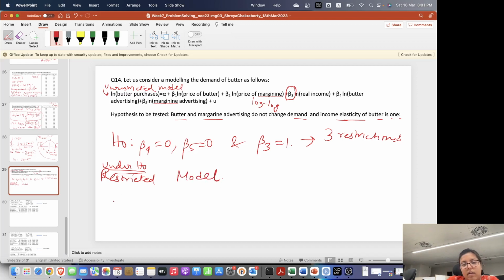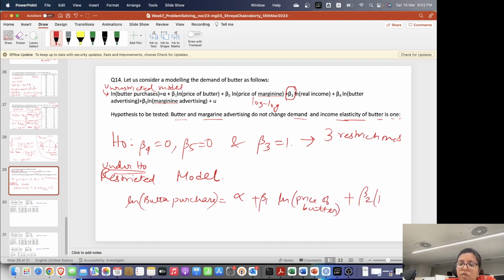So then the model becomes ln of butter purchase equals alpha plus beta 1 ln of price of butter plus beta 2 ln of price of margarine plus ln of real income plus, since beta 4 and beta 5 are 0, u.